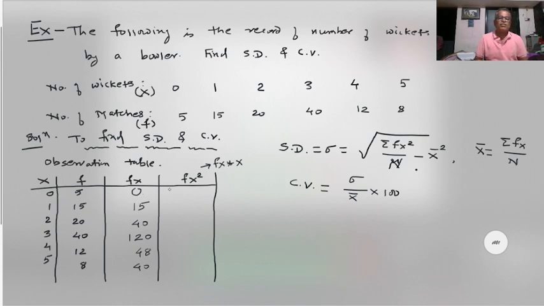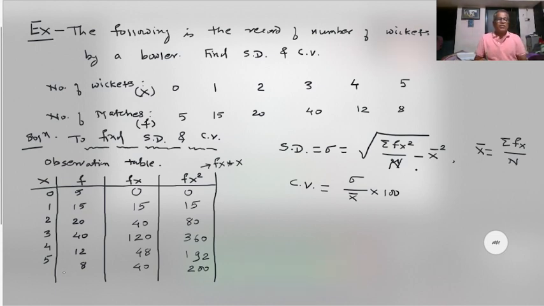So 0 multiplied by 0 is 0, then 15 multiplied by 1 is 15, 40 multiplied by 2 is 80, and similarly we get the next values: 360, 192 and 200.